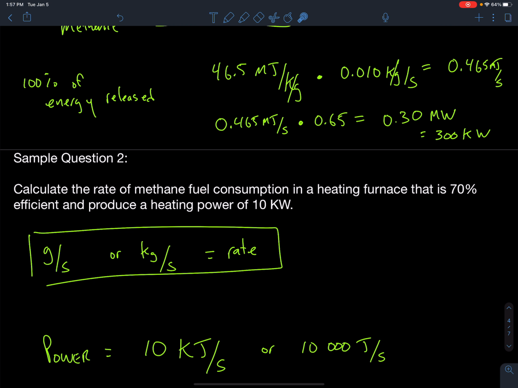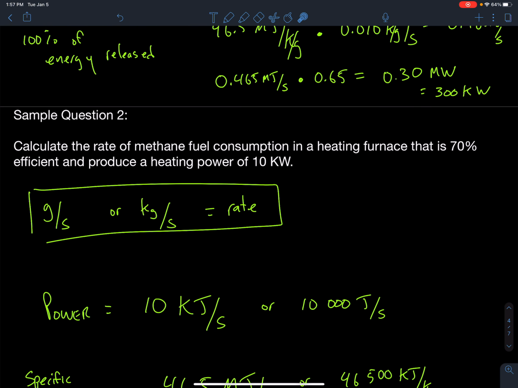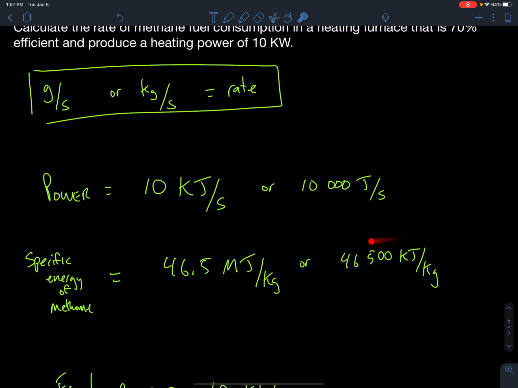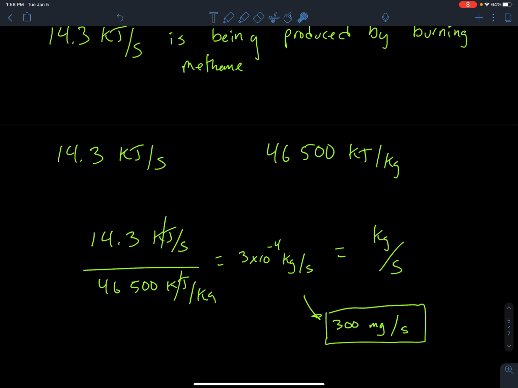Once I had the heat being produced by methane, I could then use the specific energy and create a ratio like this to find out how many kilograms per second. That ratio was created by canceling units out so that the units match what I'm looking for. That's the key to these problems. You'll have lots of chances to practice this in the SOCOS Test Yourself questions that I assigned for homework.